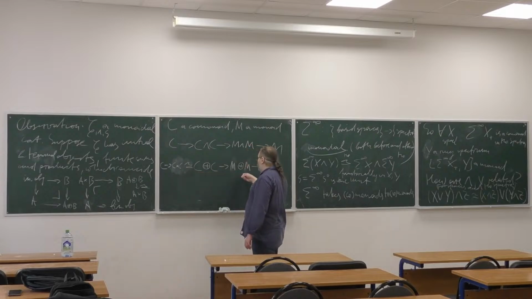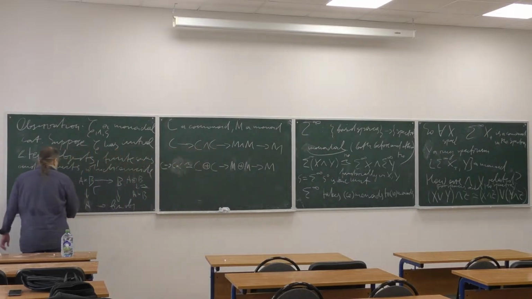Now I can take the sum of two maps. Well, I have a map from M to M, the identity, and another one from M to M, the identity.